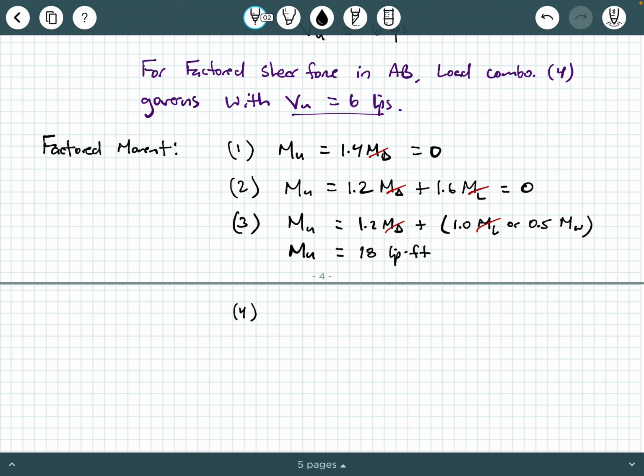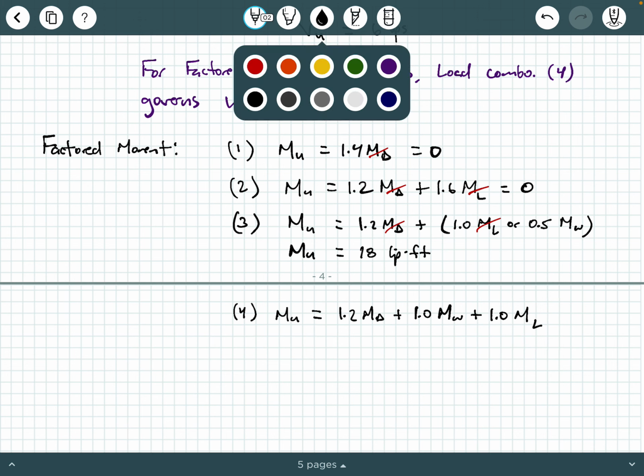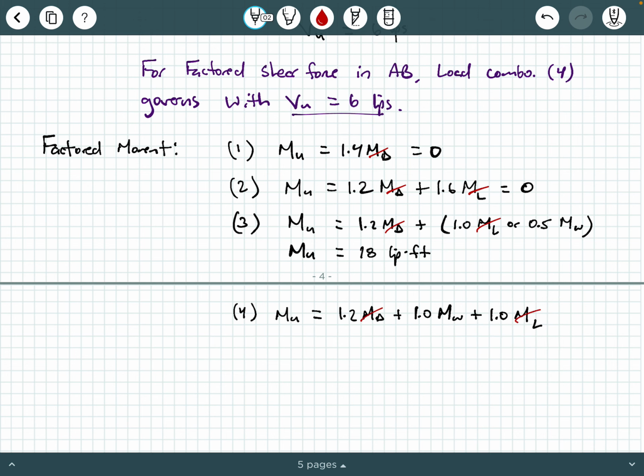Now let's go to combo 4. We'll have MU equals 1.2 M dead plus 1.0 M wind plus 1.0 M live. And so again, we have some things zeroing out here for us. So MU is going to be 36 kip feet.